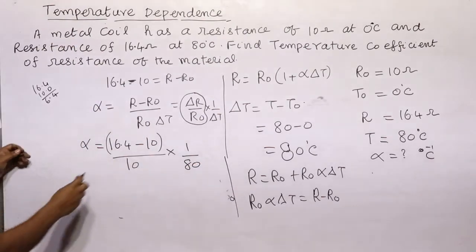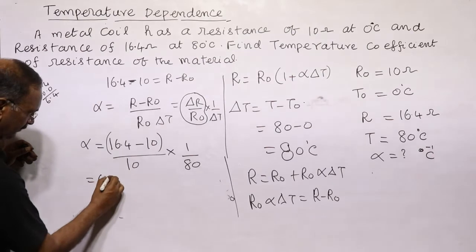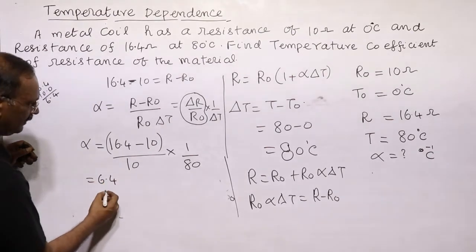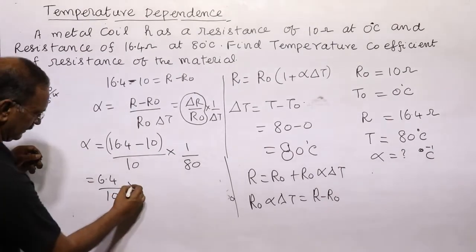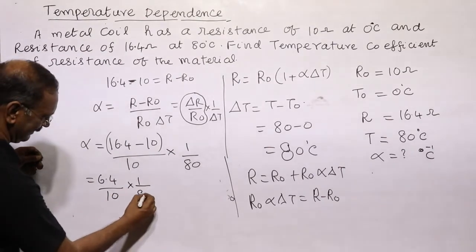So 16.4 minus 10 is equal to 6.4, divided by R naught, which is 10, into 1 by 80.